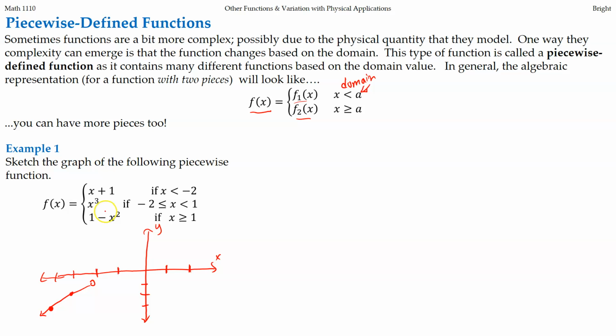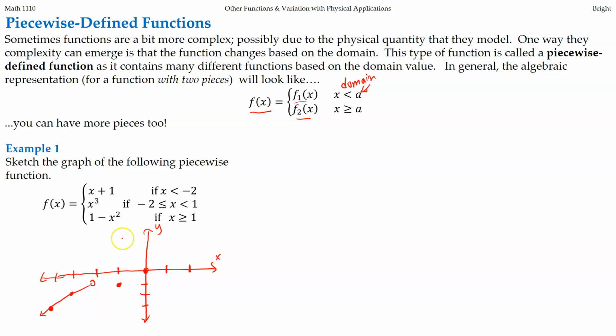Now for the second piece, it says it's behaving like x cubed between these values. Between -2 and 1, I know there's a 0, and 0 cubed is 0. At -1, if I put that in here, I get -1.